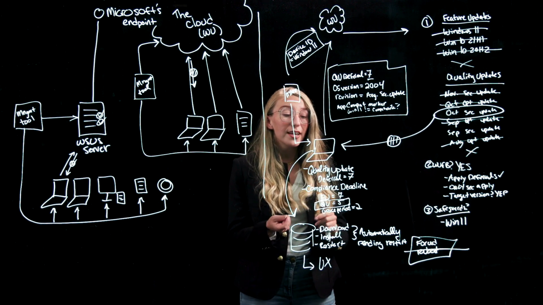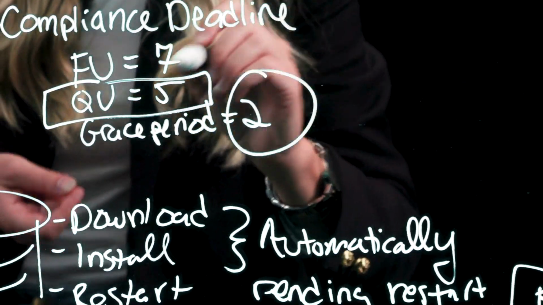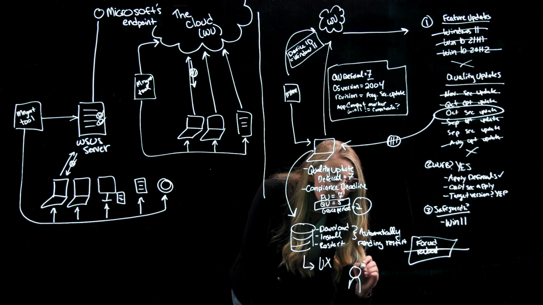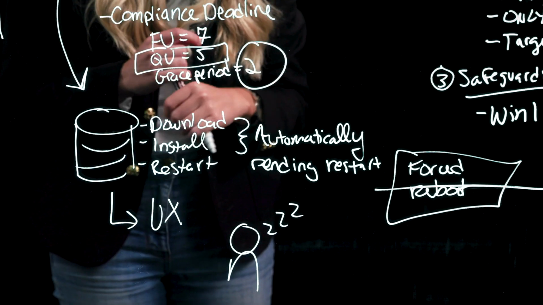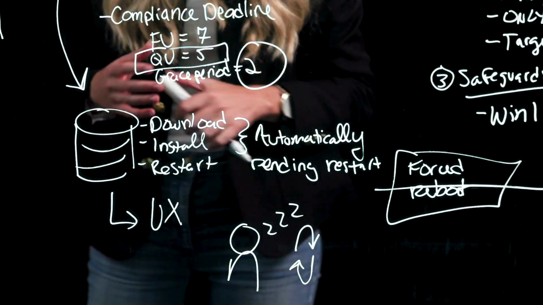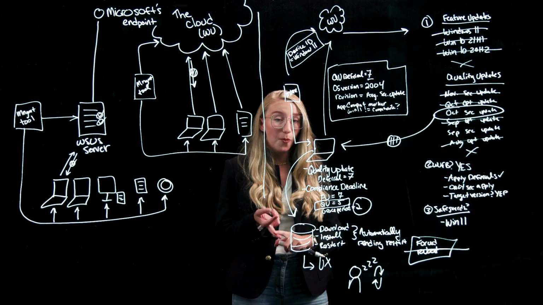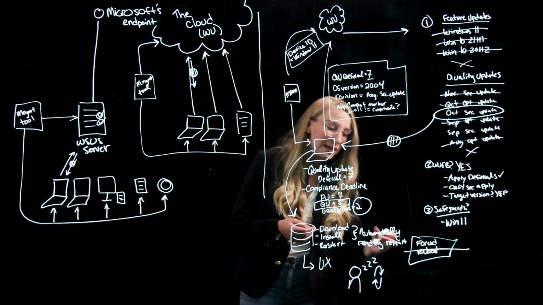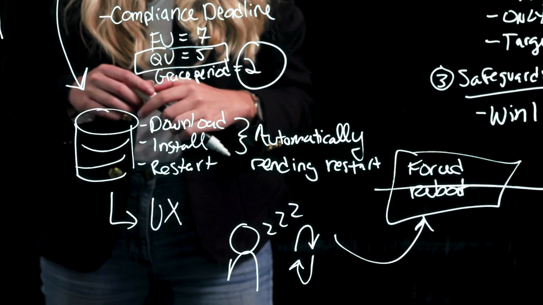But we're then going to give you a grace period of 2 days to restart, which is great because that means overnight I can plug in my device, go to sleep, and the device will automatically restart when I'm not there. Even if that fails, the device will give me 2 days of notifications, warnings, and hey, we're going to restart you at this time, before I am finally forced to restart.